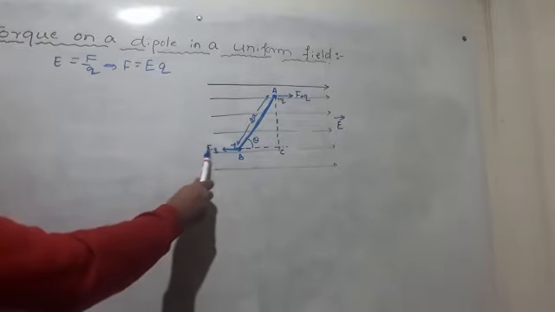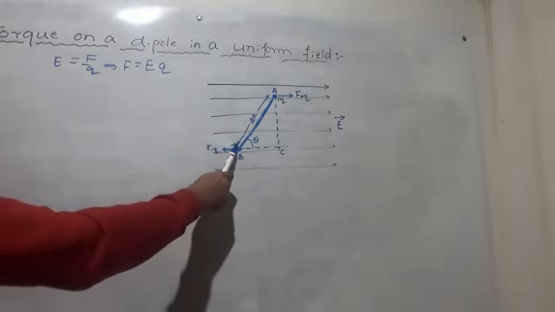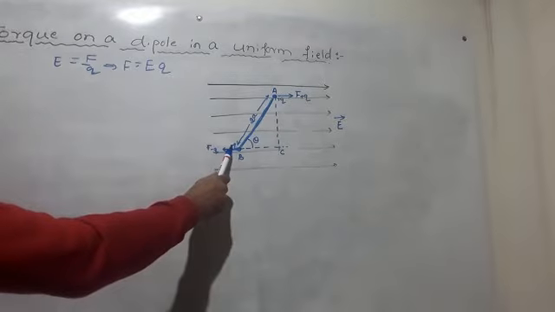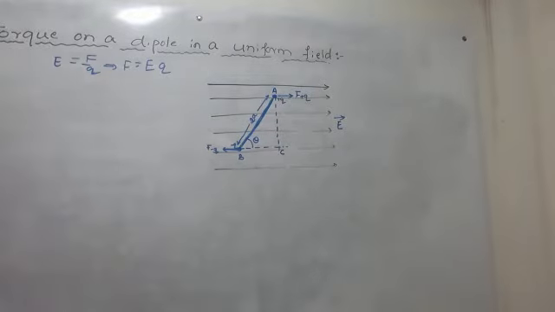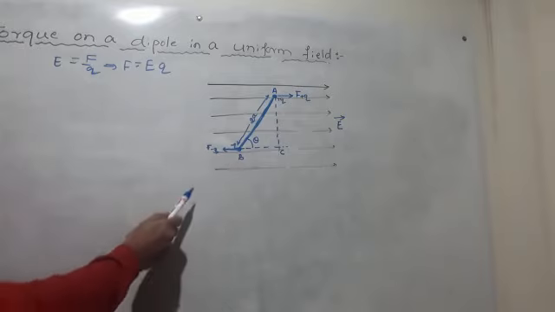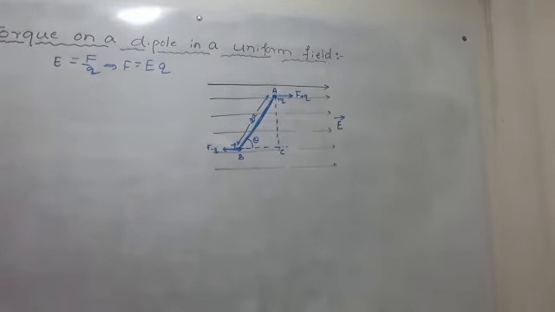Similarly, a force of F minus Q acts on the other charge, that is minus Q here, but that should be in the opposite direction as it is minus Q.